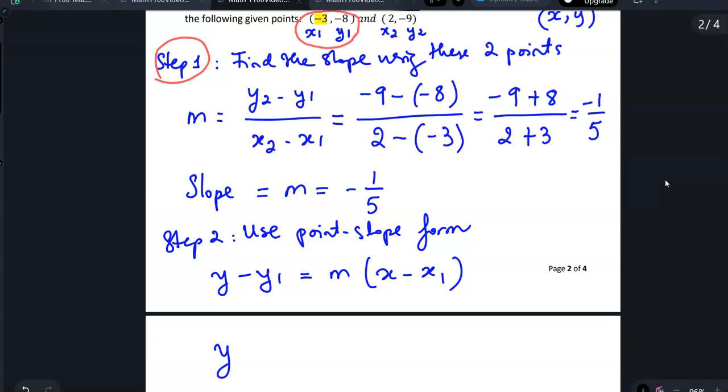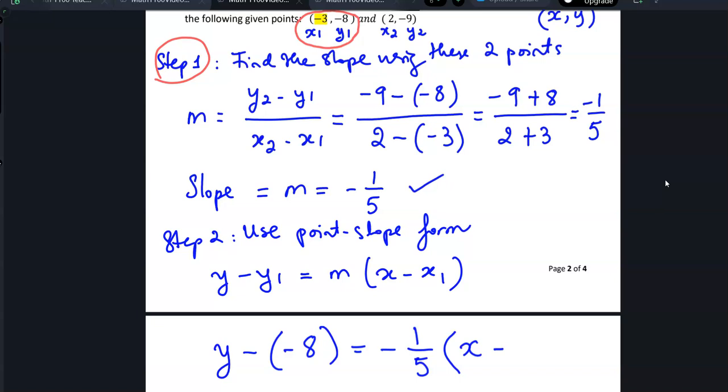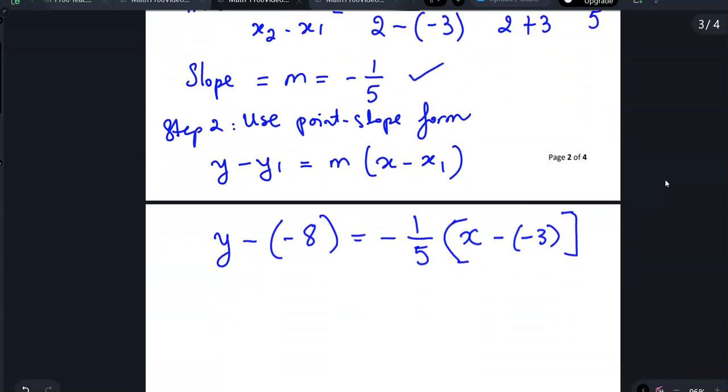So y minus y1 is y minus of minus 8 equal to, what is your slope? Minus 1 over 5. You just found that, right? And then the next part you have to write is x minus x1, which is minus of minus 3. Okay. So now we need to apply our algebra correctly.